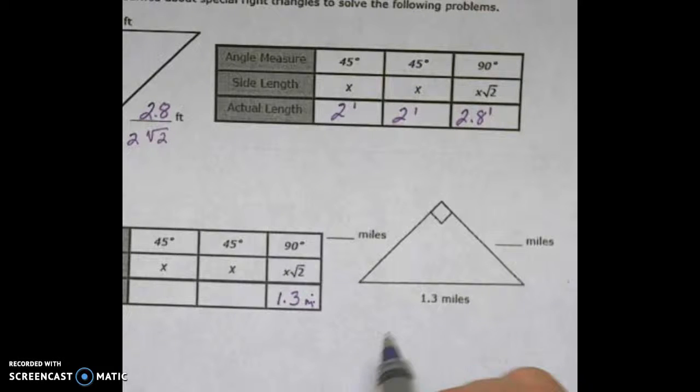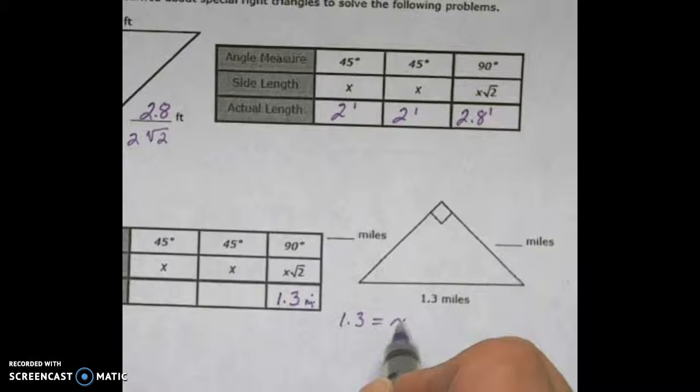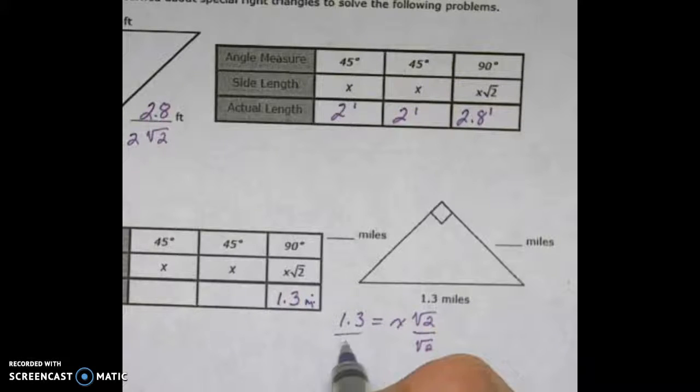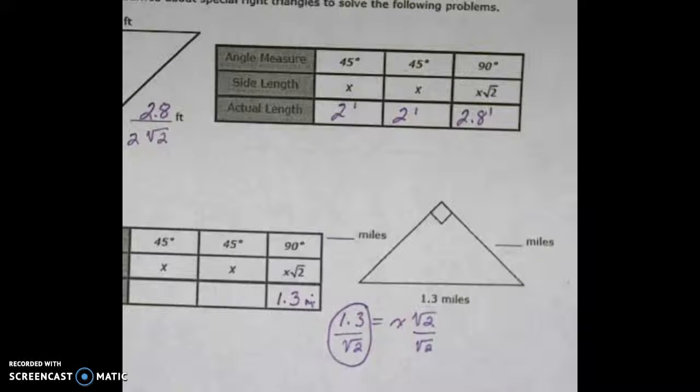So as I set up that problem, I'm going to say that 1.3 equals x times the square root of 2, and I need to divide each side of my equation by the square root of 2. Since I'm looking for an actual decimal approximation for my miles, I don't need to rationalize my denominator. I just need to put this number, 1.3 divided by the square root of 2, into my calculator.